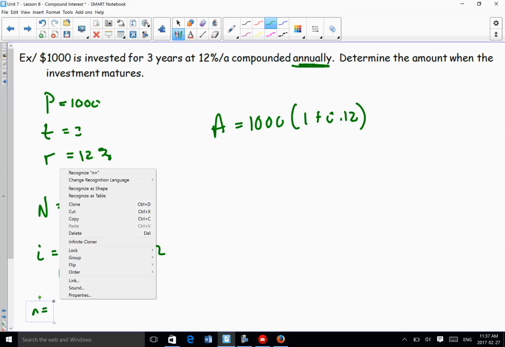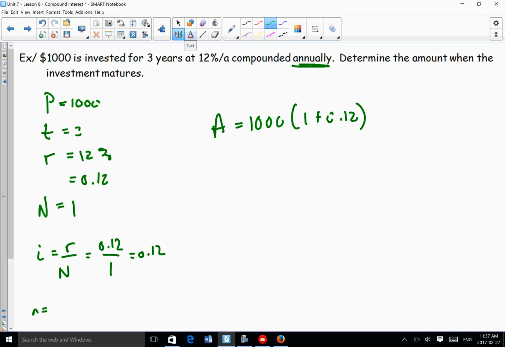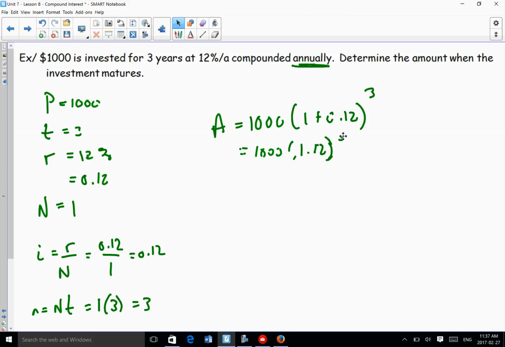Little n is made up of big N times T. So big N says once a year for 3 years, because it's the power of 3. Now you can use brackets with your calculator if you want to, or you can write this as 1,000 times 1.12 to the power of 3.